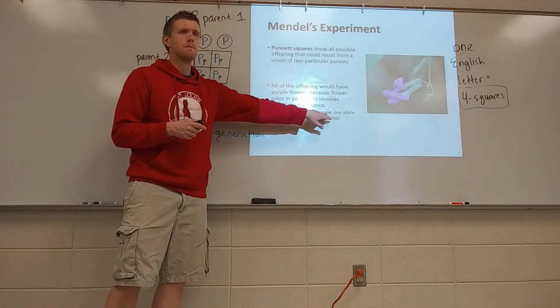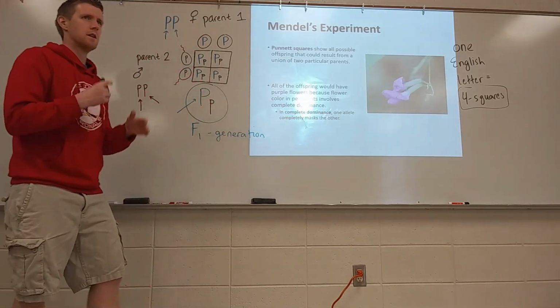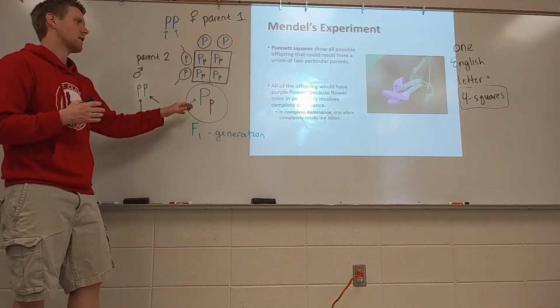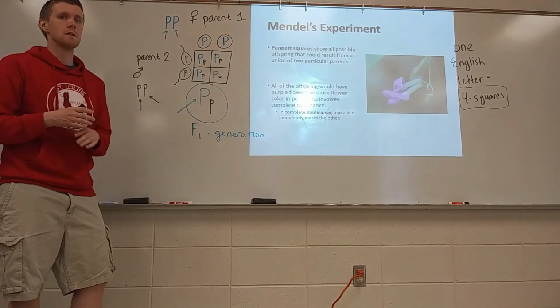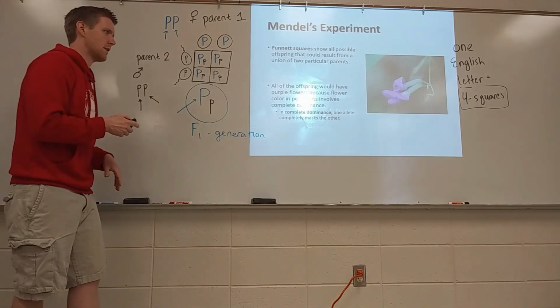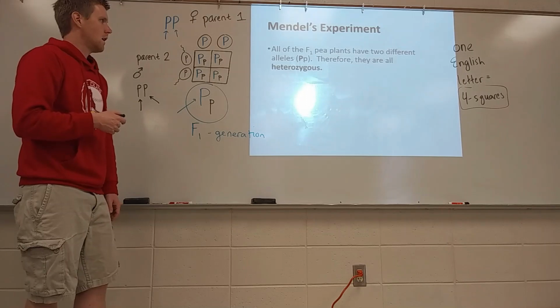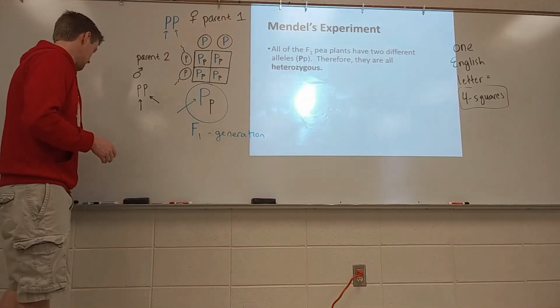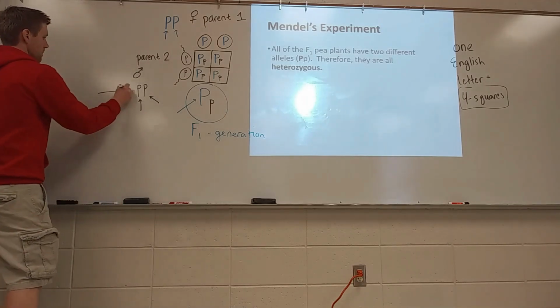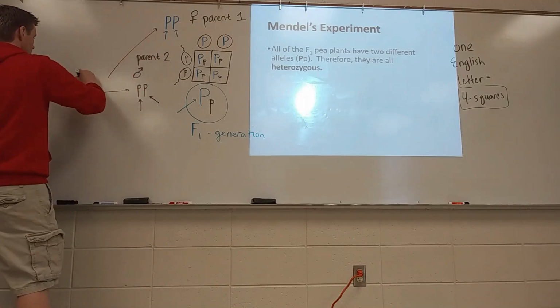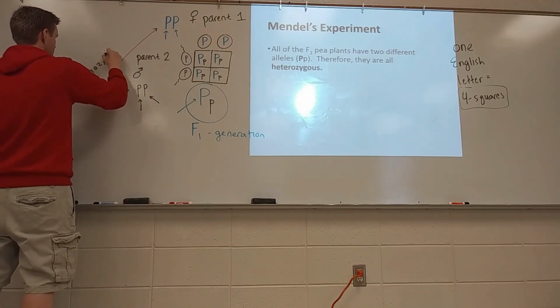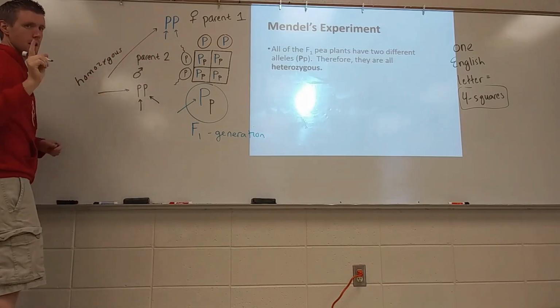Please note that this is called complete dominance. There's another thing called incomplete dominance when the recessive allele is not completely hidden. We'll get to that later. So homozygous describes both of the parents here having two copies of the same allele.